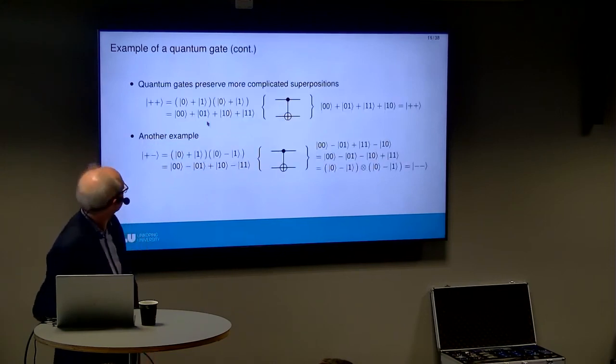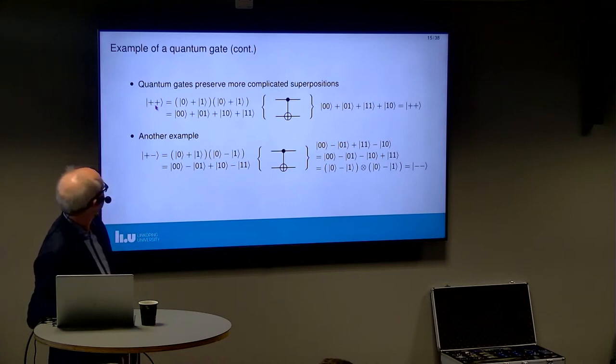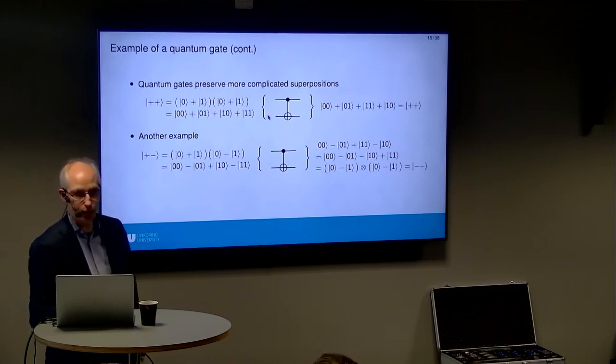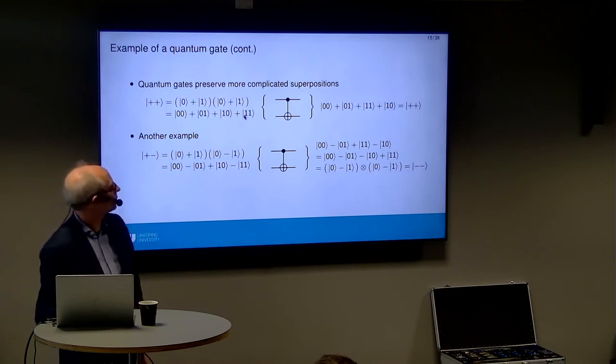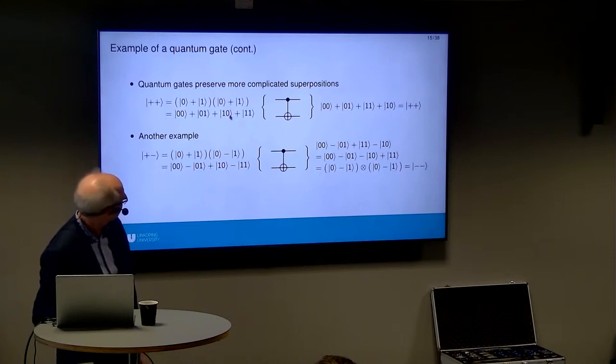So if I put a more complicated superposition here, 0 plus 1 and 0 plus 1 on both of the inputs, what will happen? Well, I'll get all the 4 possible inputs on this side. And you remember that nothing happens if the control is 0. And if the control is 1, this will be added onto the second here. So they will switch order.